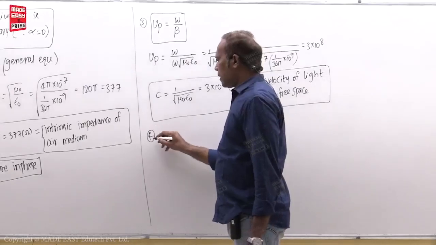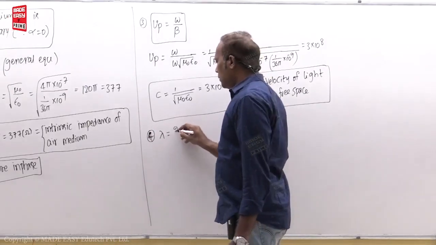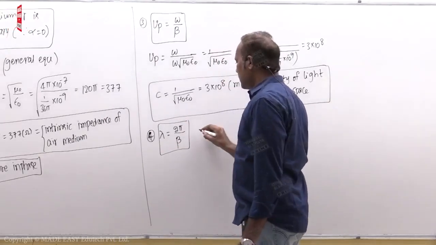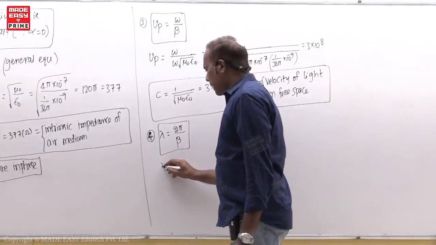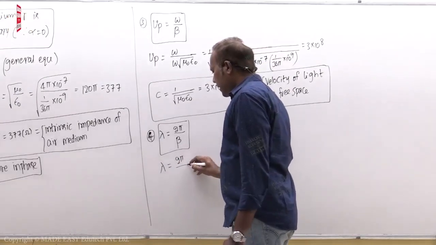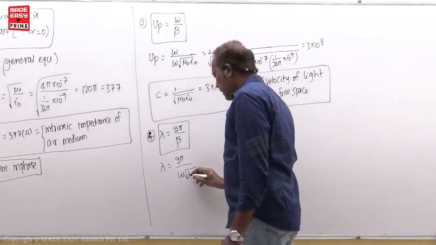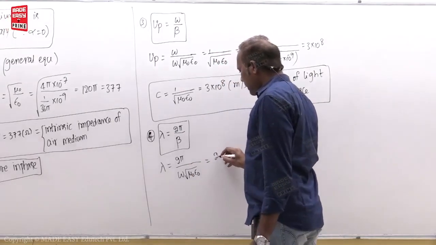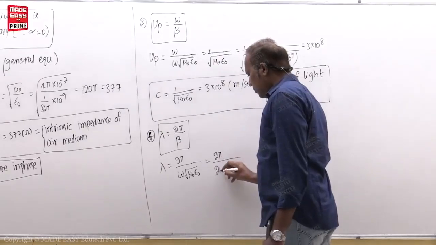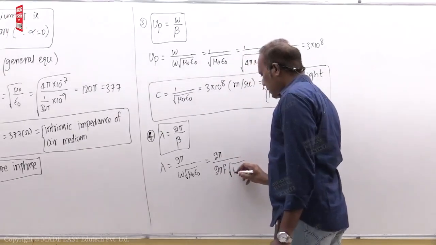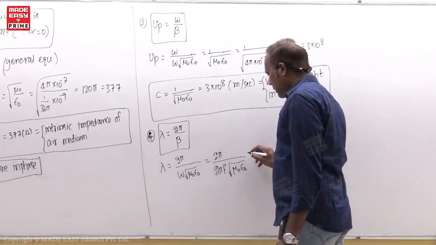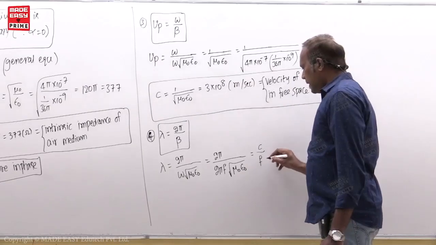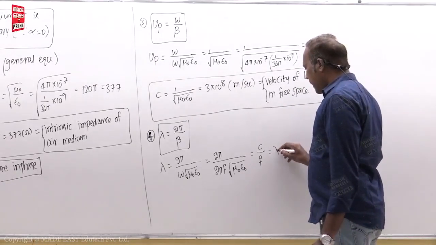Now, the lambda formula. Lambda is equal to 2 pi by beta. This is the general equation. Now if you apply beta here, 2 pi divided by omega root mu naught epsilon naught, that is 2 pi divided by 2 pi f root mu naught epsilon naught. 2 pi cancels. 1 by root mu naught epsilon naught is c, so it is c by f. It is termed as lambda naught.